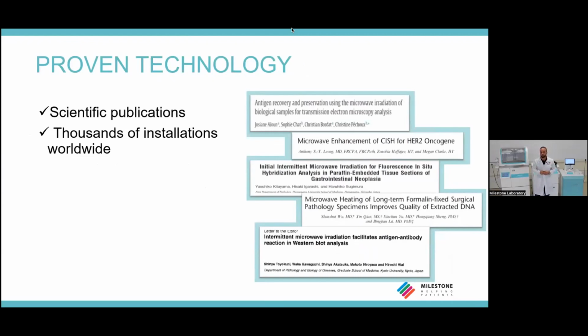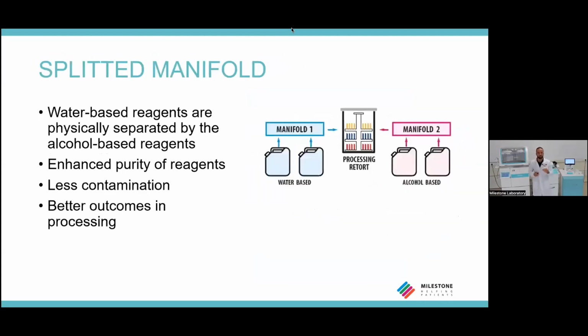Another example of a technical solution put in place for enhanced sample safety is the splitted manifold. So now, how many of you have had reagent contamination problems? I guess many.